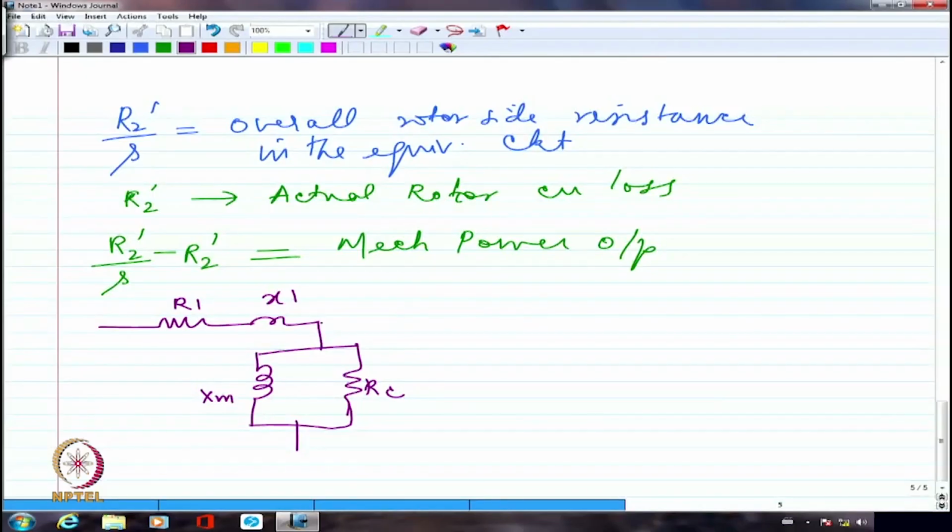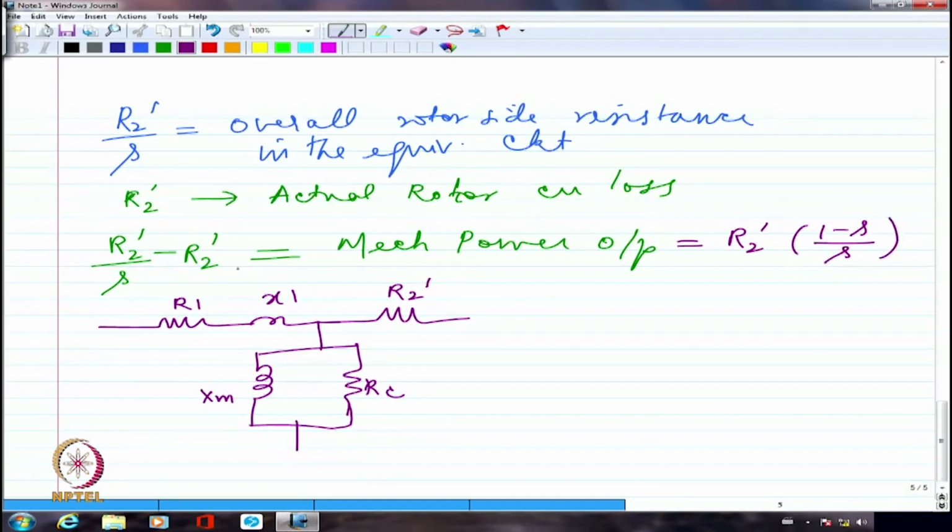So here I am going to divide this into two portions. One is going to be R2 dash, which is the inherent resistance of the rotor circuit converted into the primary side. The other I can write as R2 dash into (1 minus S) by S. Am I right?